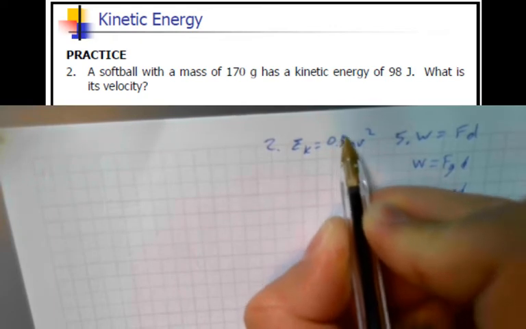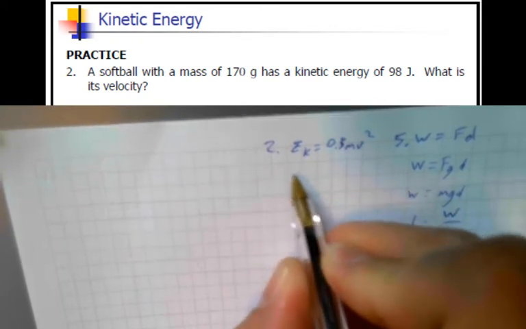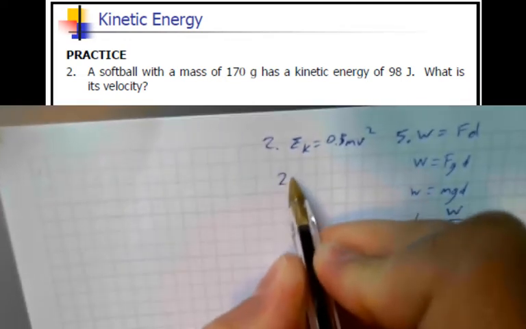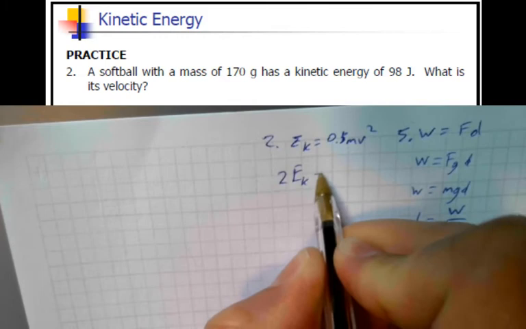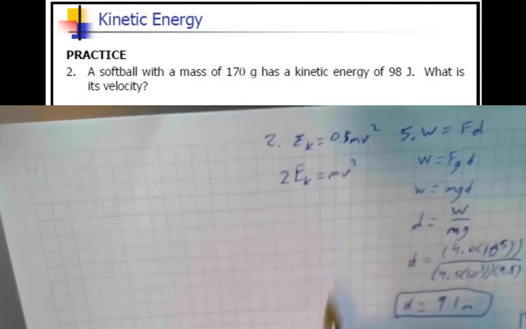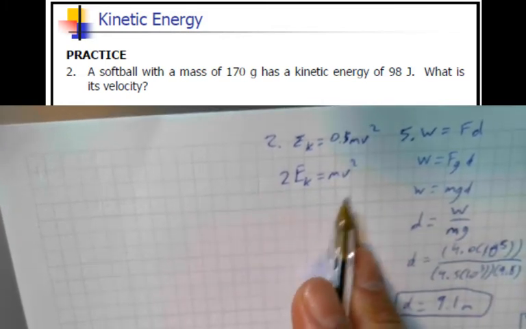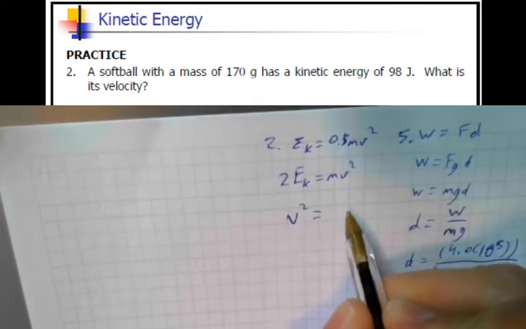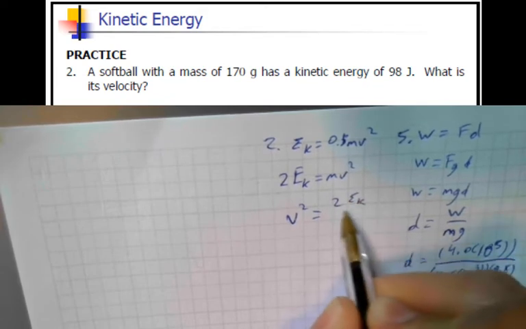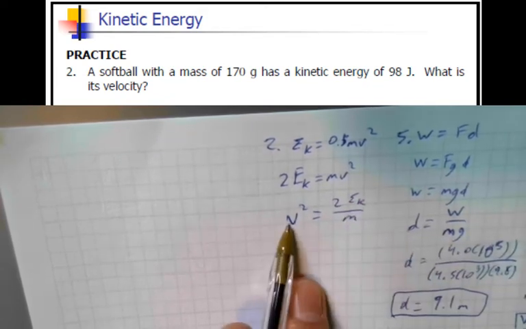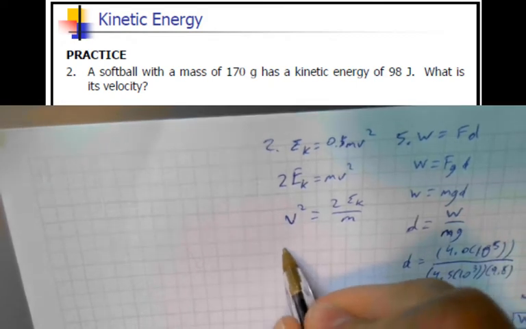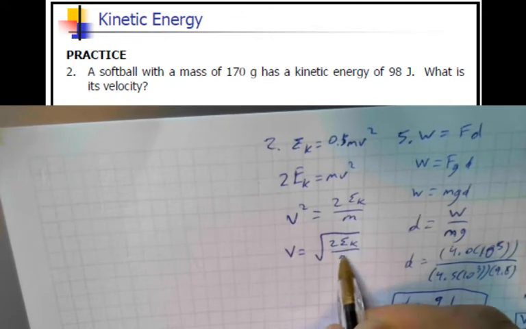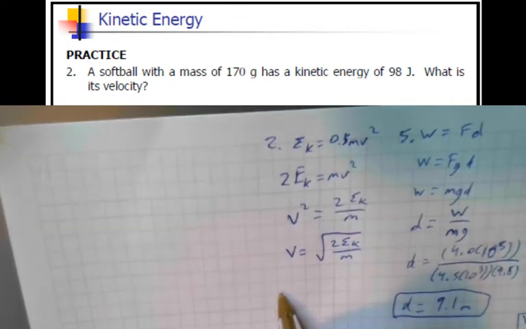To move this 0.5 to the other side of the equation, it's the same as dividing by 0.5 or multiplying by 2. So let's multiply by 2. We have 2 EK equals mv squared. We need to get the v squared by itself, so we divide the other side by m. I just moved them around so that I have my v on the left side. And then we have to find the square root. So v is equal to the square root of 2 EK over m.